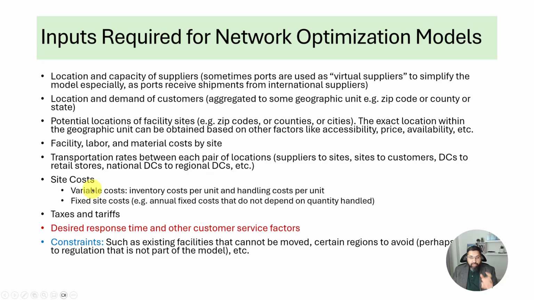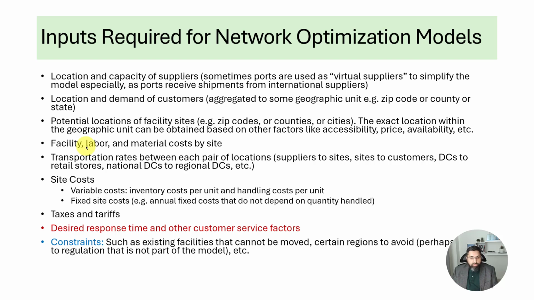And then anytime you have a facility site, whether it be a distribution center or a factory, you're going to have a fixed cost. So you'll have some staff, like management staff, you'll have some property taxes, utilities, and these costs don't really depend on the quantity of product flowing through the DC.